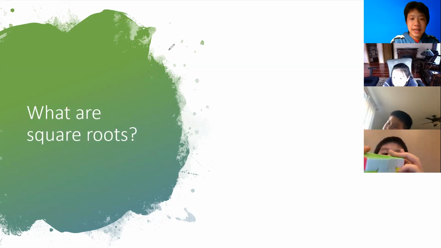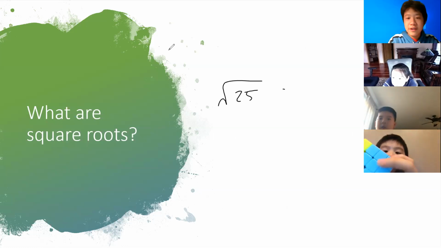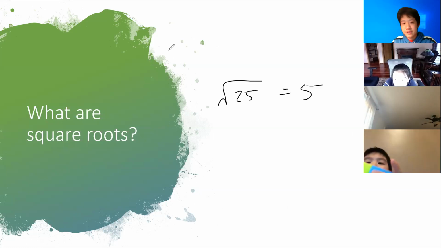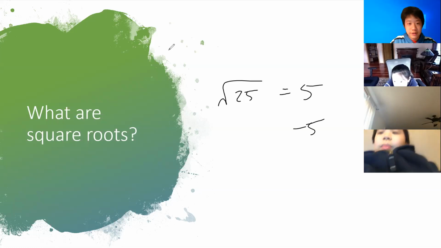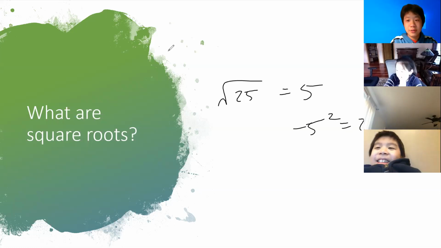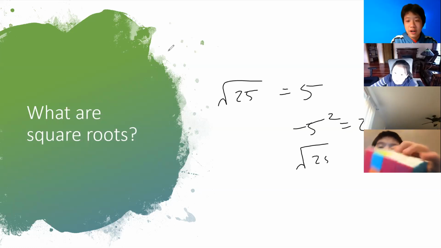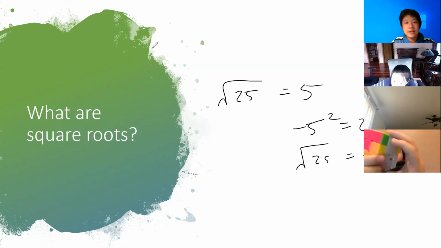So you may be asking, hey, if I take the square root of 25, I only gave the positive 5. Isn't -5 also a square root of 25? Because -5 squared is also 25. So the square root of 25 should also be -5 as well.